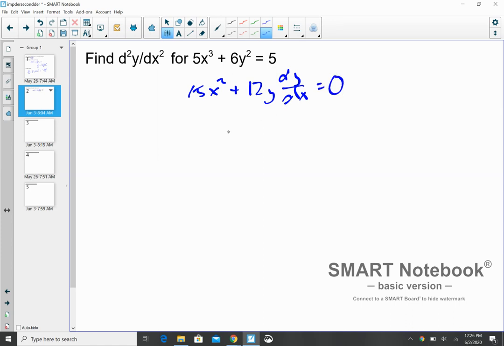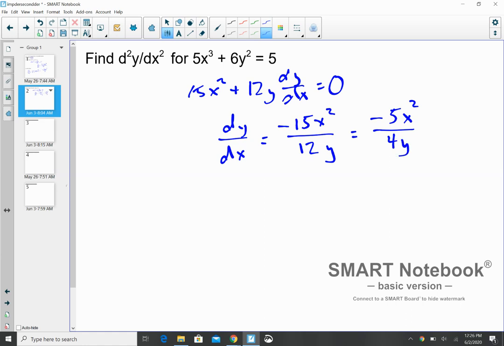Get dy/dx by itself, and when you do that, you would subtract the 15x squared and divide by the 12y. And just for fun, I'm going to simplify that a little bit because I can see that a 3 will come out and will make my life easier. So there's the first derivative done.